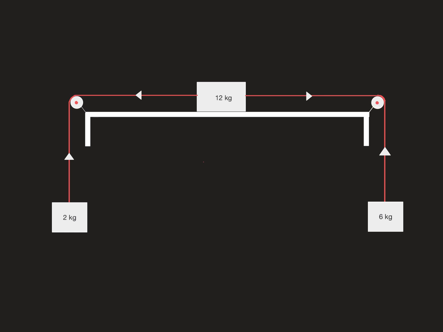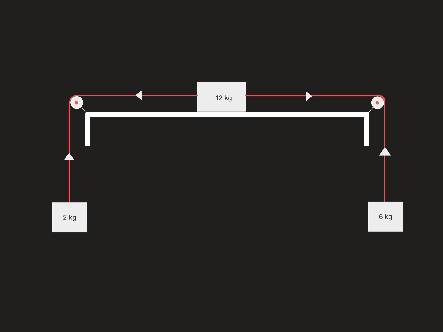The 2 kilogram mass and the 6 kilogram mass are attached to the 12 kilogram mass by means of strings which pass over pulleys, as you can see. So in this system, we have two different strings. We have one here and one here. Which means that the tension in the strings could potentially be different.